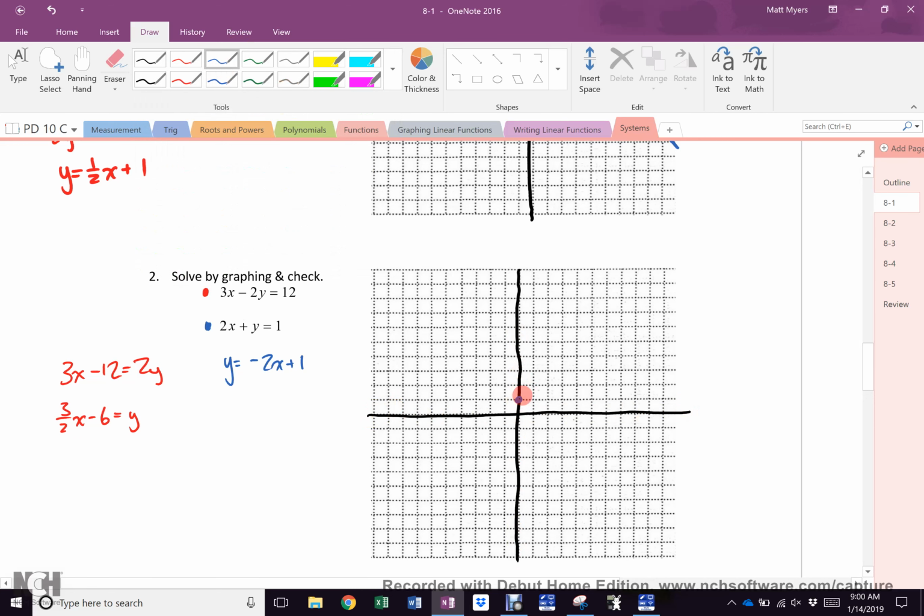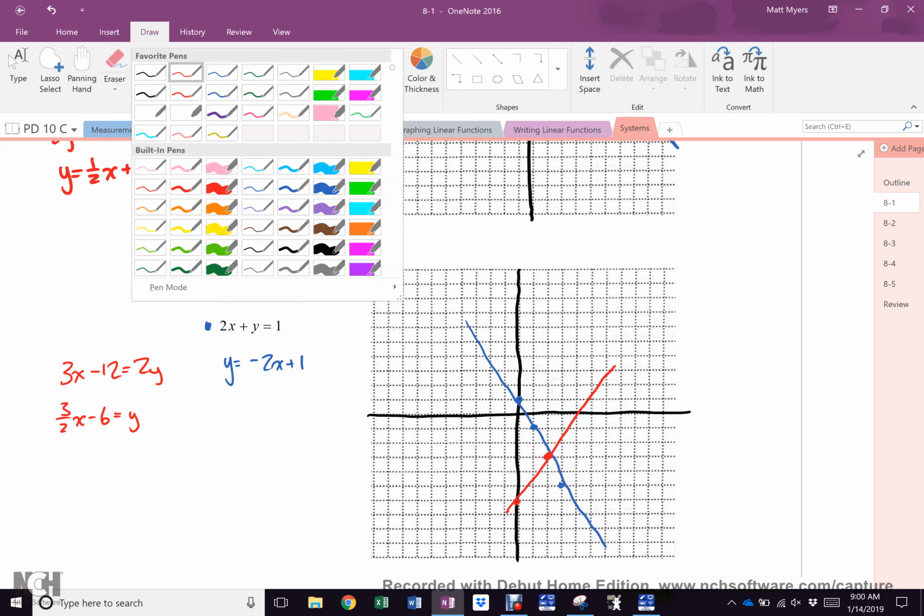Plus 1, slope of negative 2. Negative 6. 1, 2, 3, 4, 5, 6. Slope of 3 halves. Up 1, 2, 3. Over 1, 2. There's the crossover.